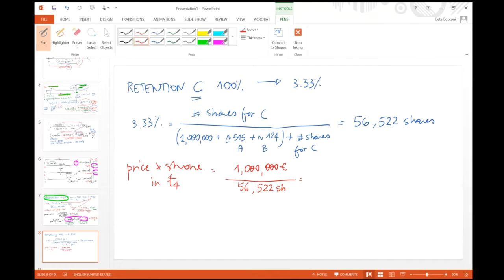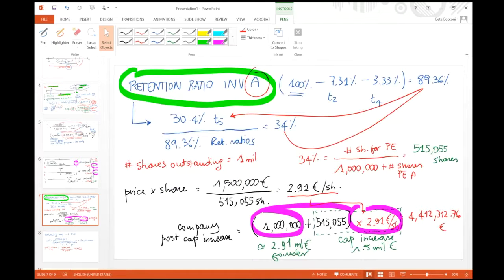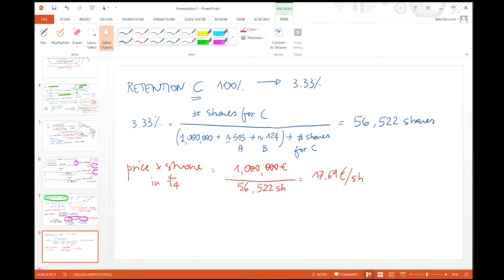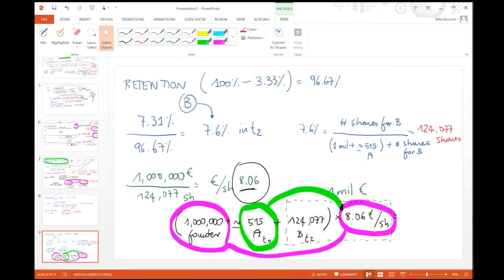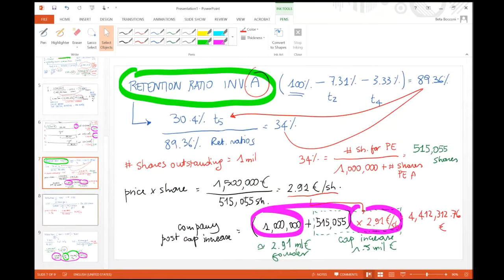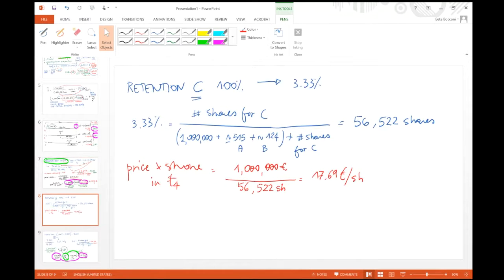Or, in this case, a value of about 17.69 euro per share. Again, please compare this value with round B and round A. In round B, you have essentially the price per share of 8.06, in round A 2.91, in round C 17.69.